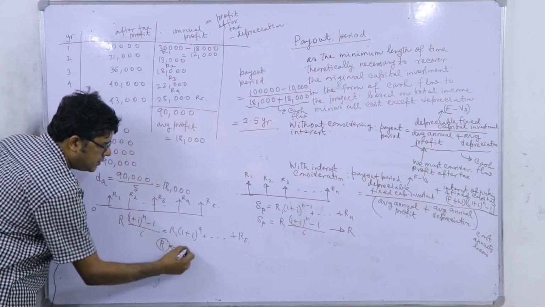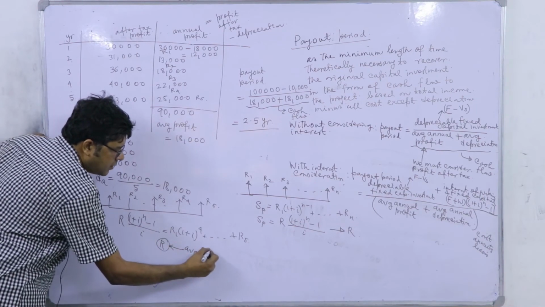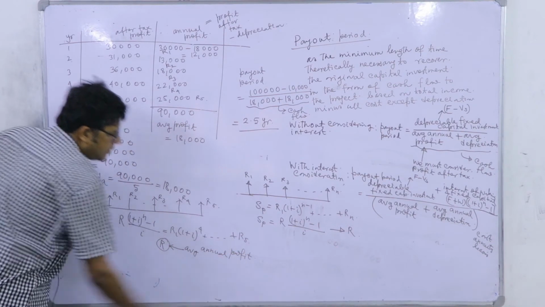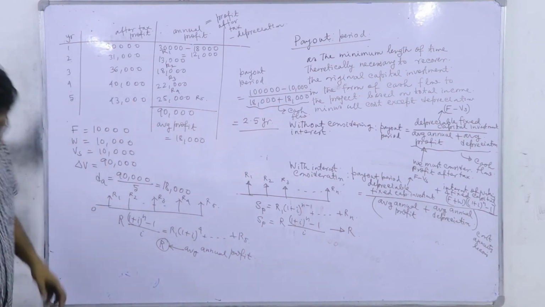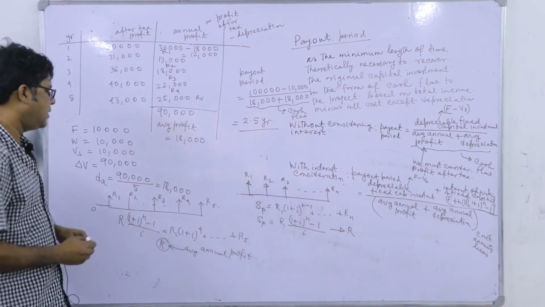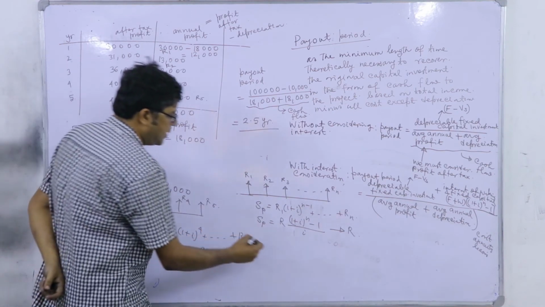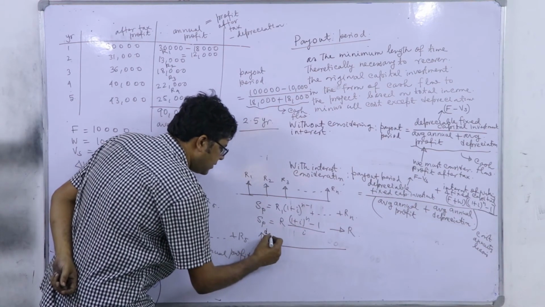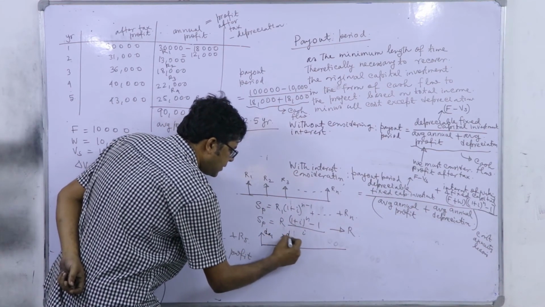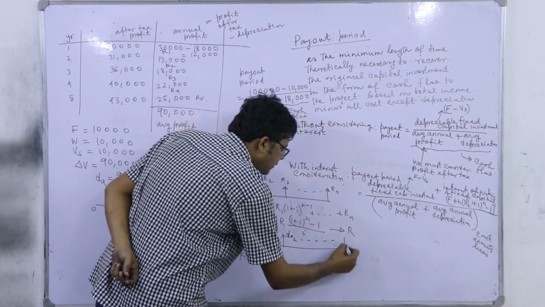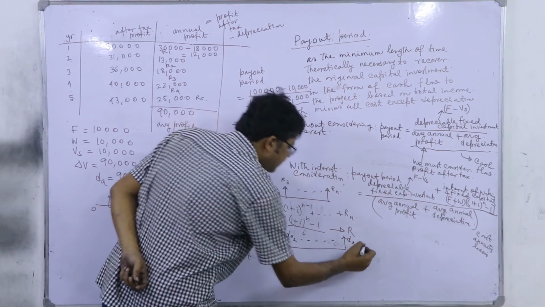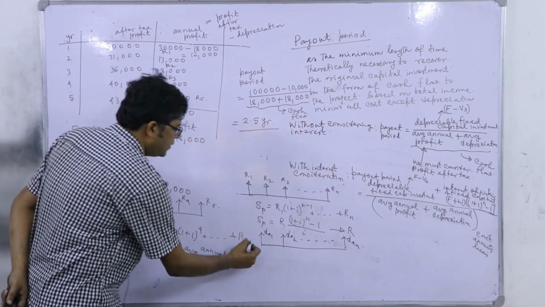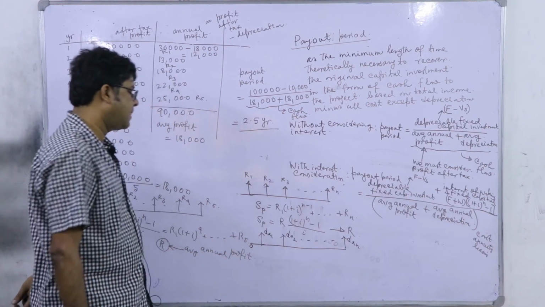So, R will be your average annual profit. And if you know the depreciation per year, this is DA1, DA2, finally DAN in the last year. So, at the end of each year basis it is 0.